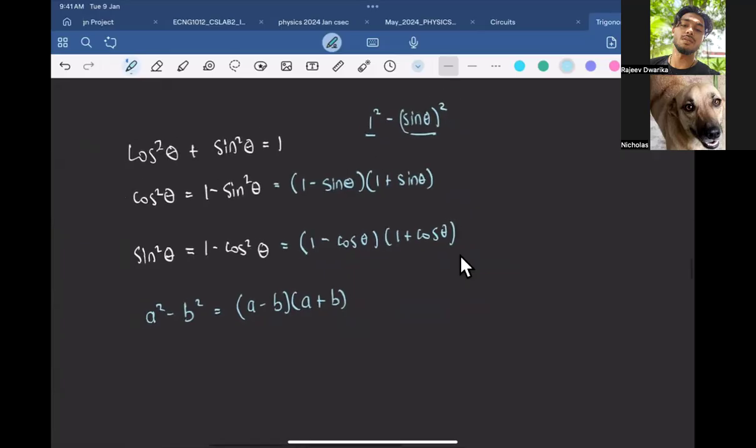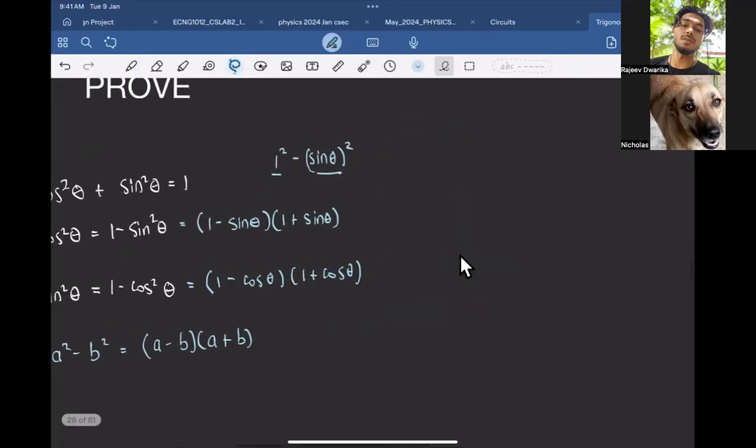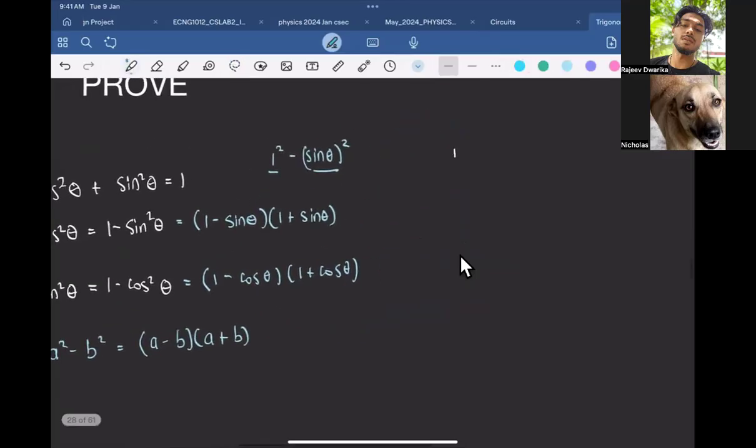There are also some other identities like tan. Nicholas, you could just tell everybody what tan theta is equal to. Tan theta is sin theta over cos theta. What would tan squared theta be?